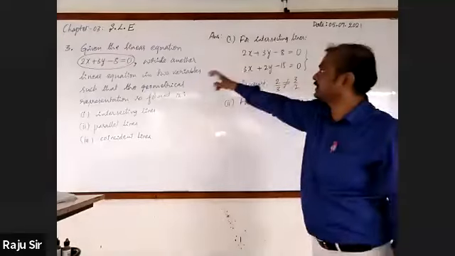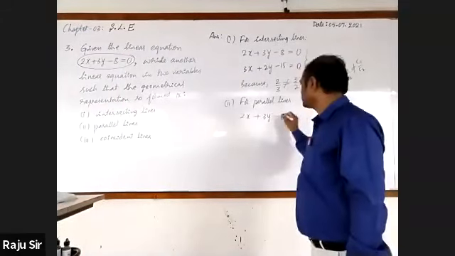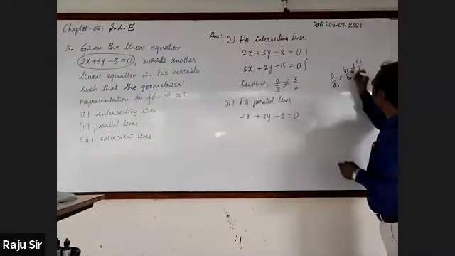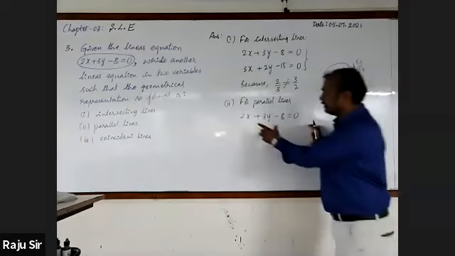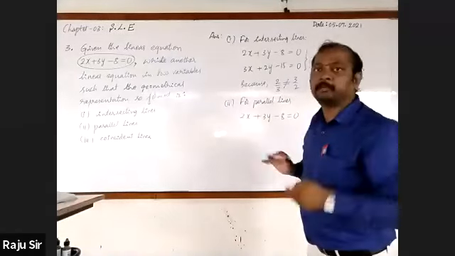I'll write the first equation: 2x plus 3y minus 8 equal to 0. We want only the first two ratios to be equal to each other. That is why you should multiply the first two terms by the same number.